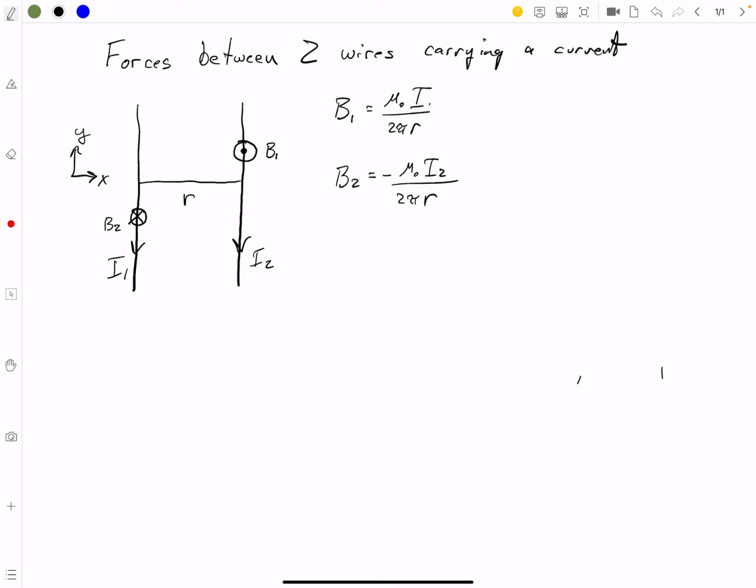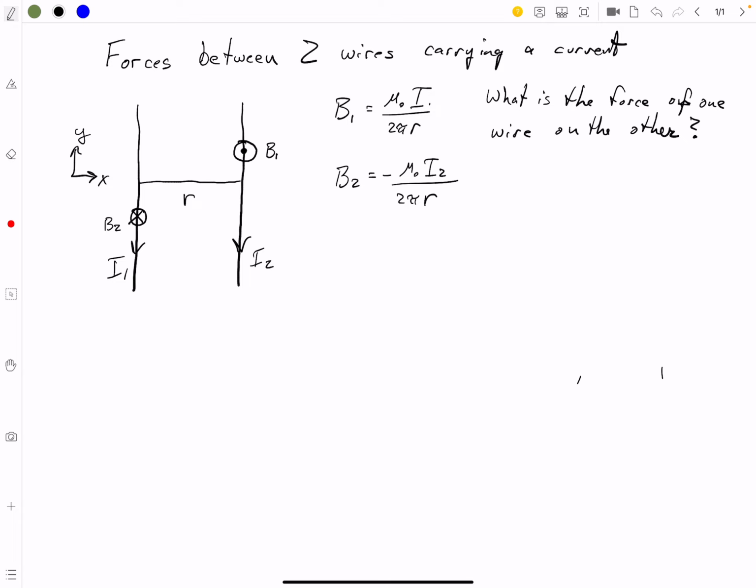Okay, so what is the force of one wire on the other? Just one on the other. That's all we want to know.